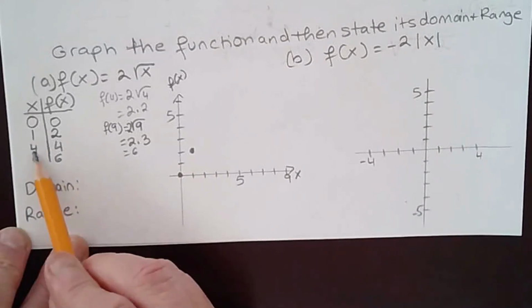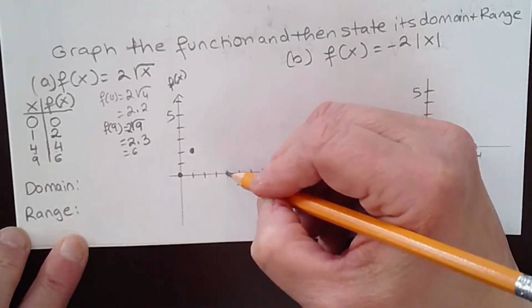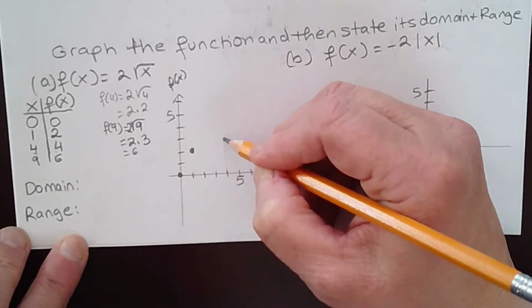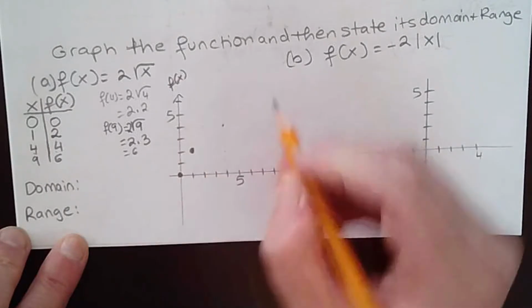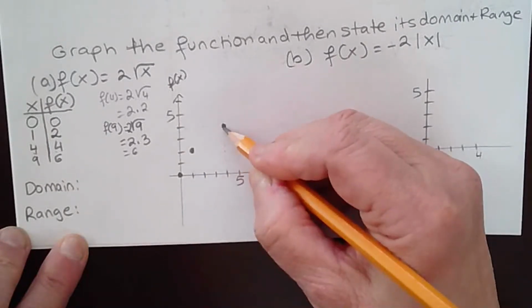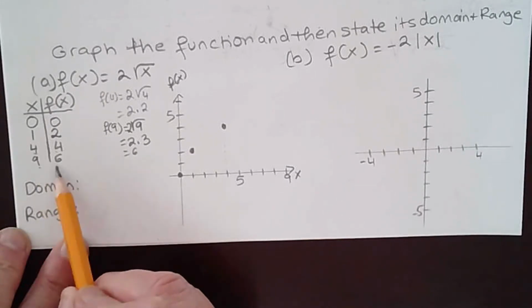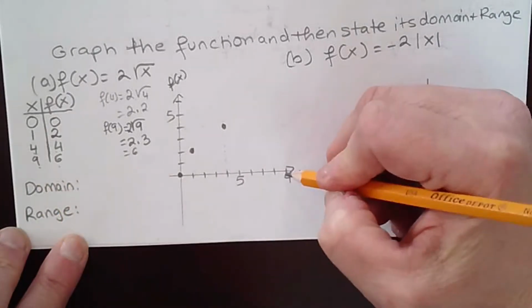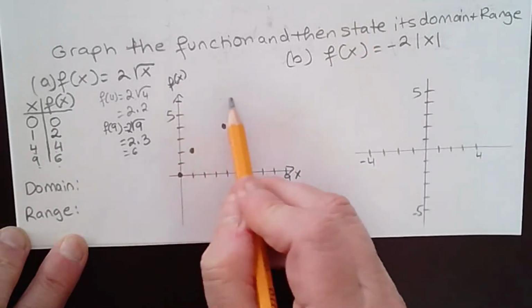When x is 4, f of x is 4. Here's 4 right here. And when x is 9, f of x is 6. So x is 9, and f of x is 6.